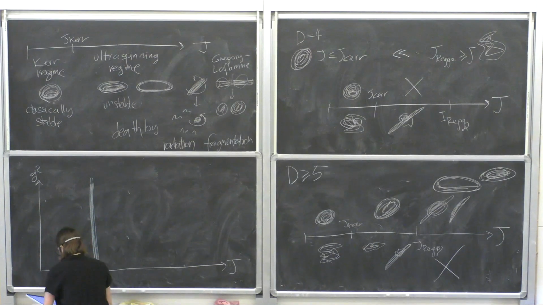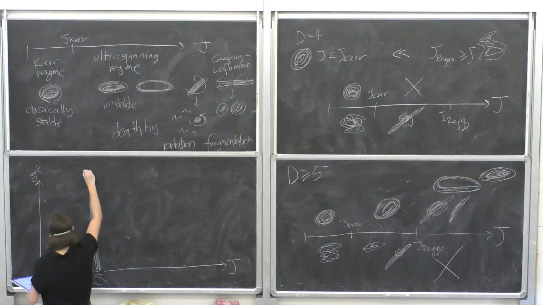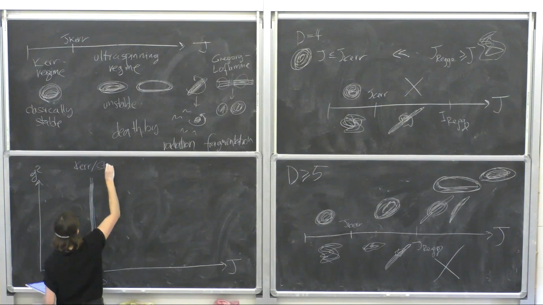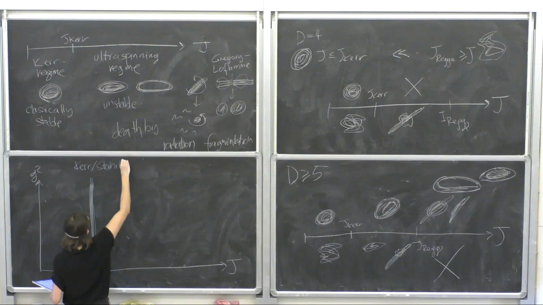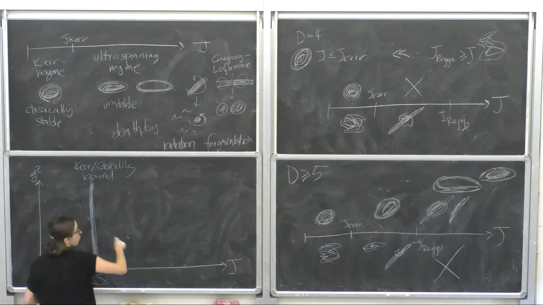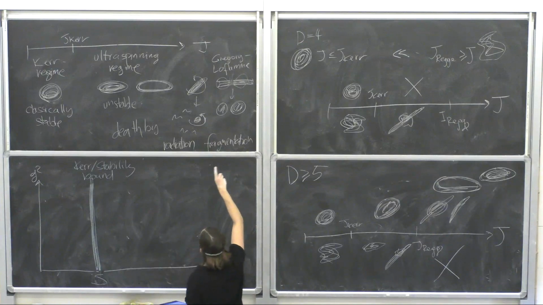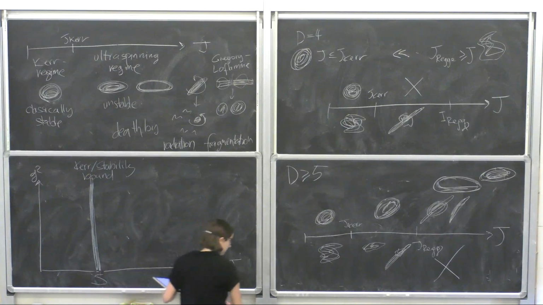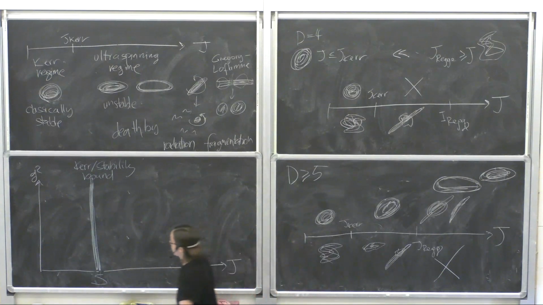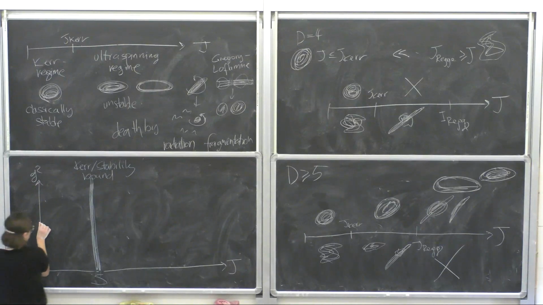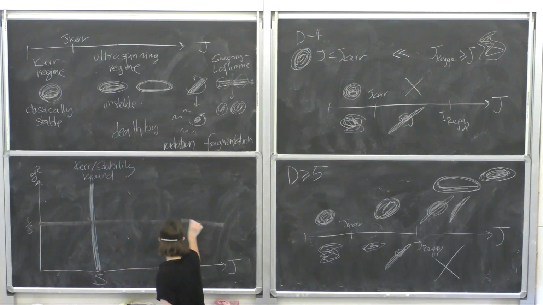So actually, this blue one is now the stability bound, the Kerr stability bound. So before, somewhere before, I've been drawing it the other way around. So this is the Kerr stability bound. And the correspondence point is on this side, when g squared is 1 over s. So this will be the correspondence point.